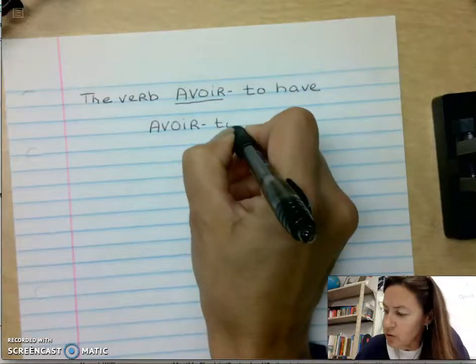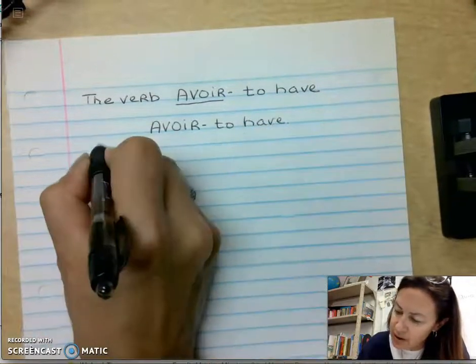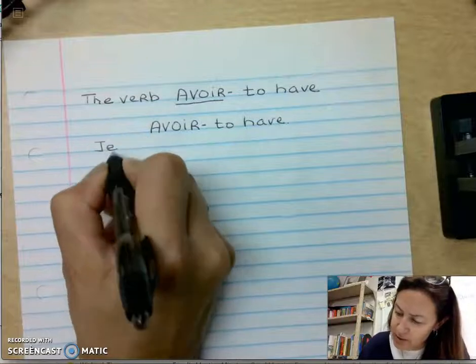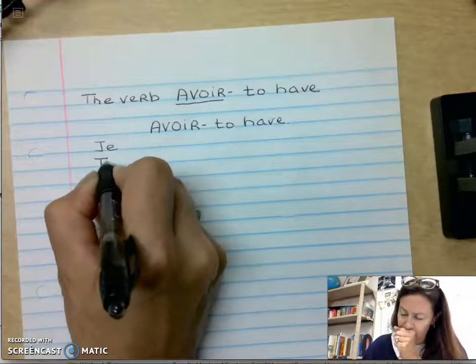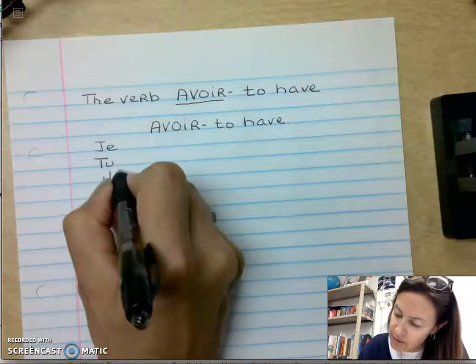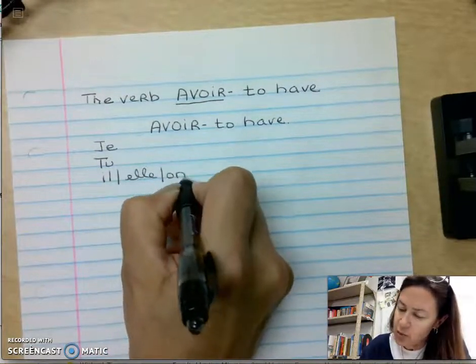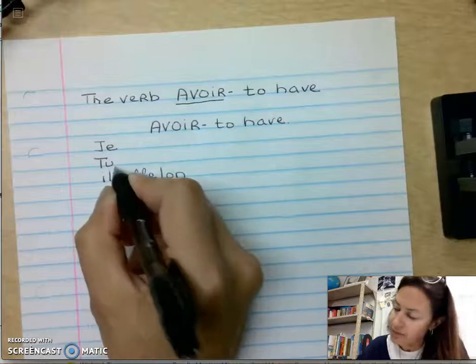All right, so the way we set up our pronouns are going to be 2 columns. So the first column is what we consider singular.